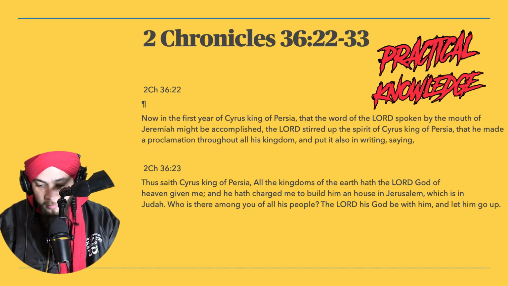Now in the first year of Cyrus, king of Persia, that the word of the Lord spoken by the mouth of Jeremiah might be accomplished, the Lord stirred up the spirit of Cyrus, the king of Persia, that he made a proclamation throughout all his kingdom and put it also in writing, saying, "Thus saith Cyrus, the king of Persia, all the kingdoms of the earth hath the Lord God of heaven given me, and he hath charged me to build him an house in Jerusalem, which is in Judah.